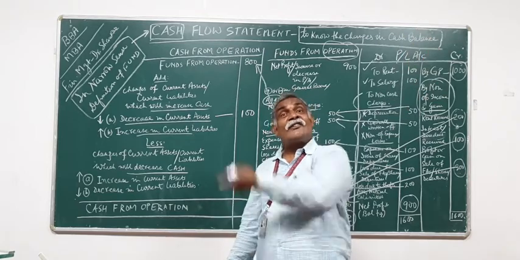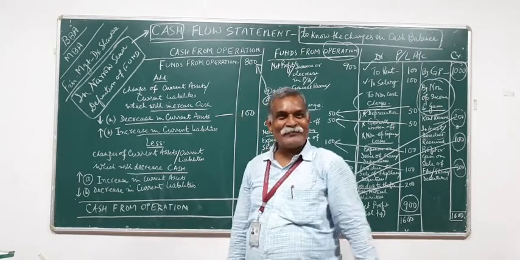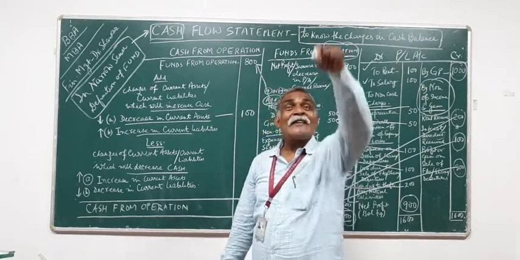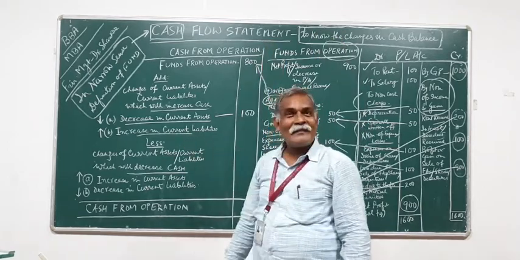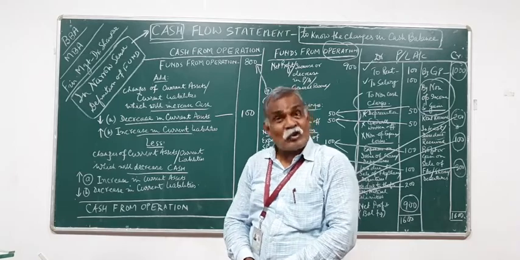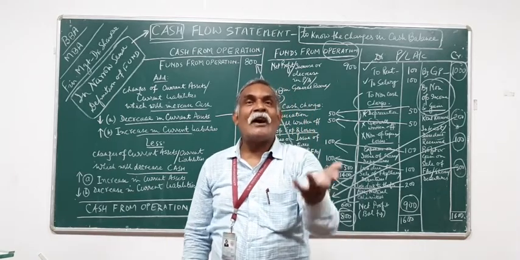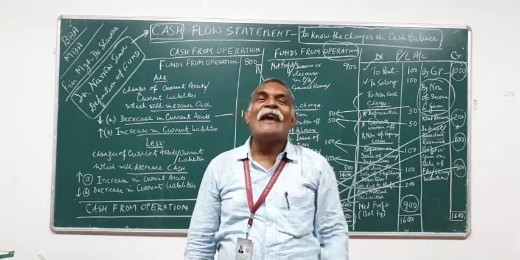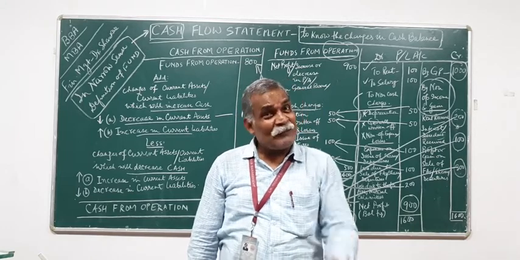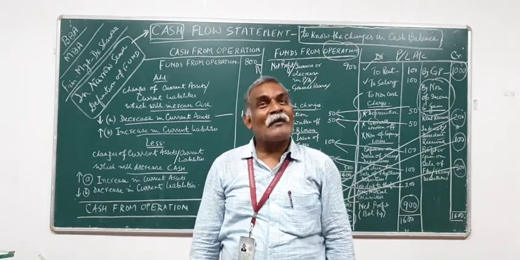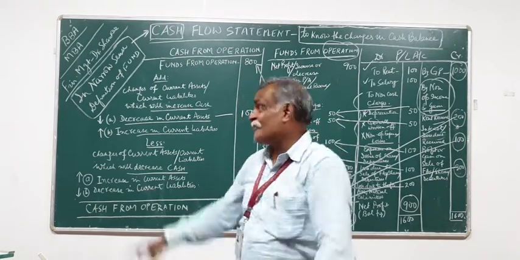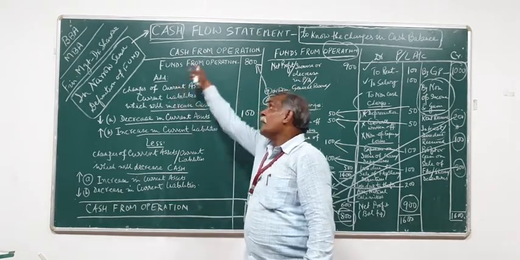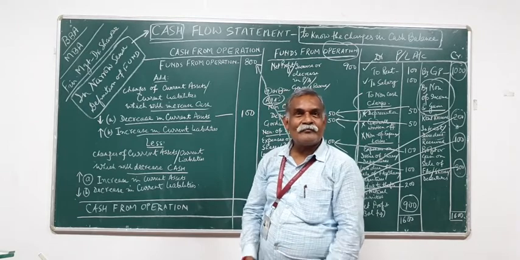Here current assets decreasing, cash increasing. Here the stock decreased, meaning you sold, meaning cash came to you. It means our cash increases. And because the cash increases, we have to add in funds from operation.